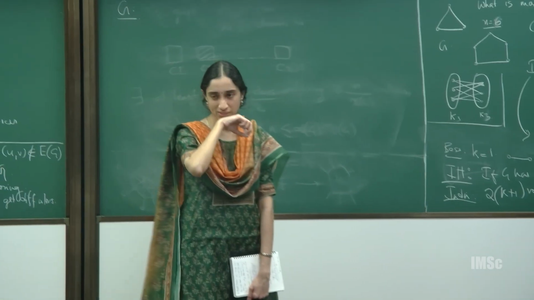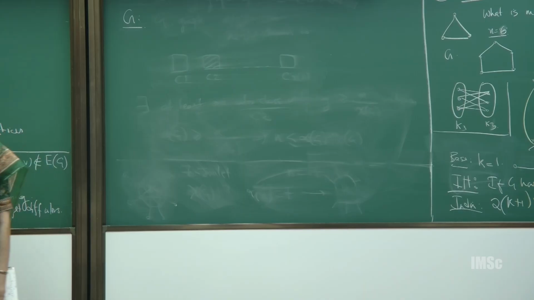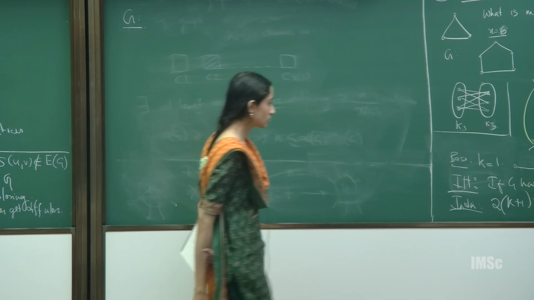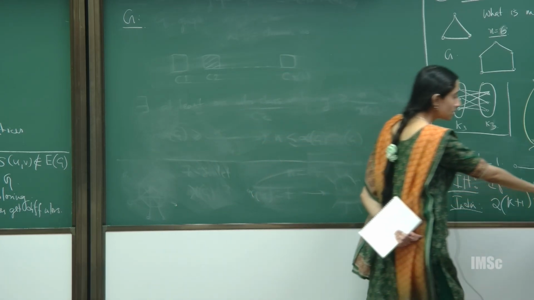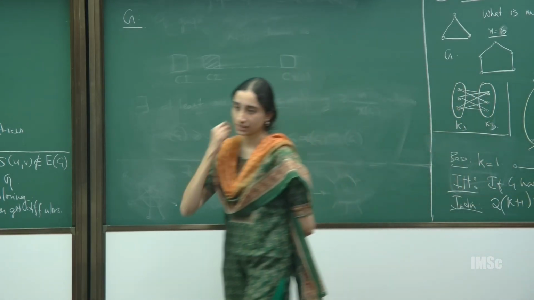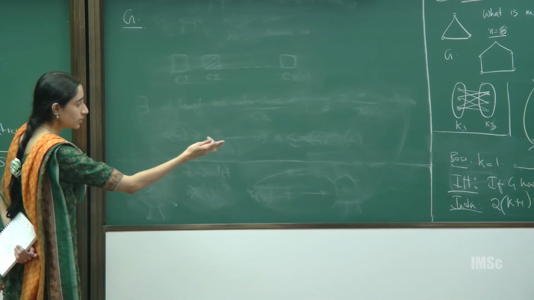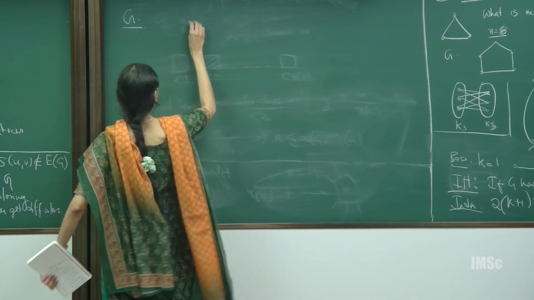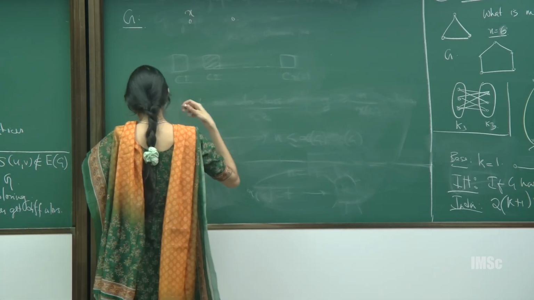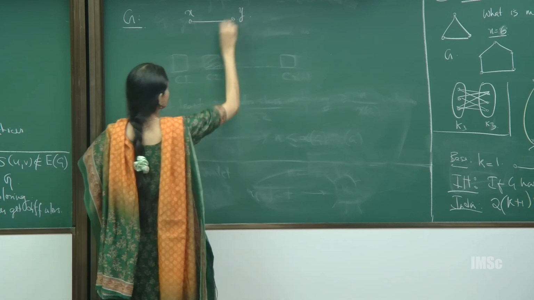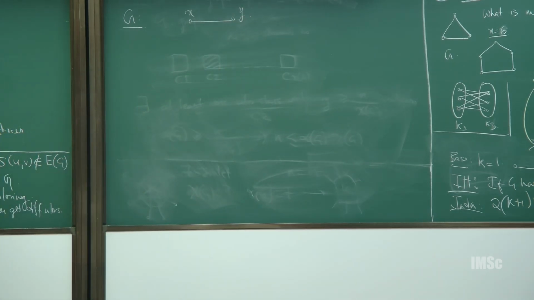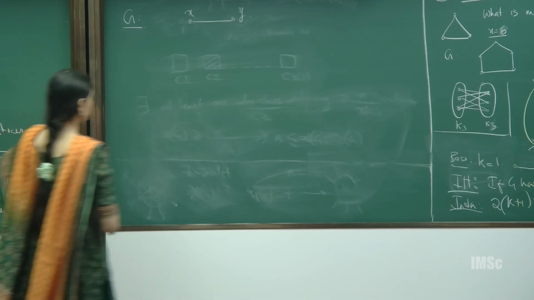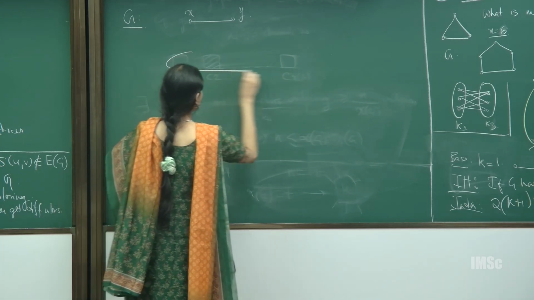It has 2 times k plus 1 many vertices and so many edges. It has many edges, so there is at least one edge, definitely. There are some vertices that are adjacent, some vertices that are non-adjacent, and so on. So let me pick 2 vertices. I am going to do the first step, and maybe then you should do. There is at least one edge, so these are 2 vertices that are adjacent. Then there are some remaining vertices.